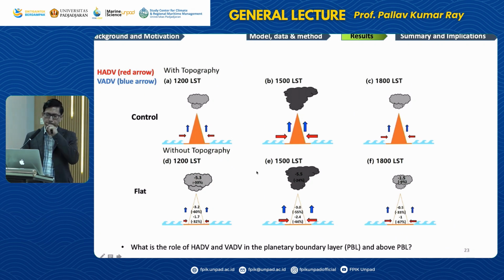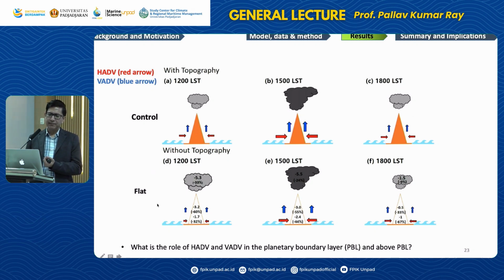With the topography experiment, let's say this is your topography. You have horizontal advection and vertical advection that lead to precipitation. At 15, that becomes stronger, both horizontal and vertical advection, so you have a lot more rain, and then it slowly reduces. At 18, or 6 p.m. local time, it is significantly less.